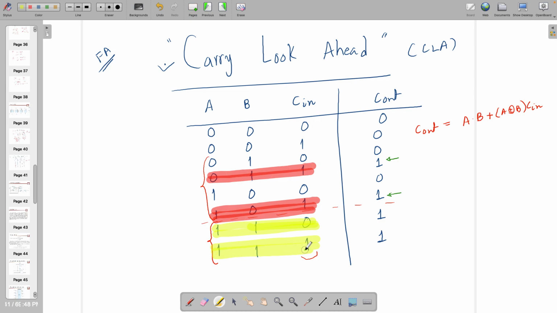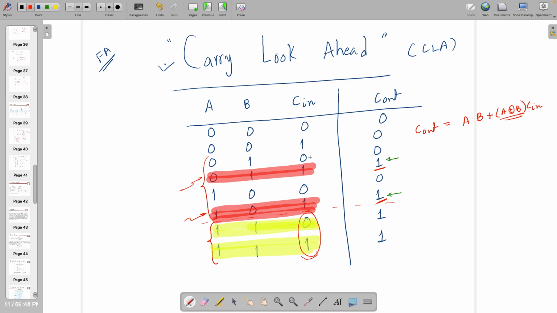I'm starting again. If you look at the two bottom lines, it's A and B irrespective of what C in is, so it's not depending on C in. But look at the red color, where the entries are 0 1 and 1 0: this function is A or B, because I'm looking at when it becomes 1.